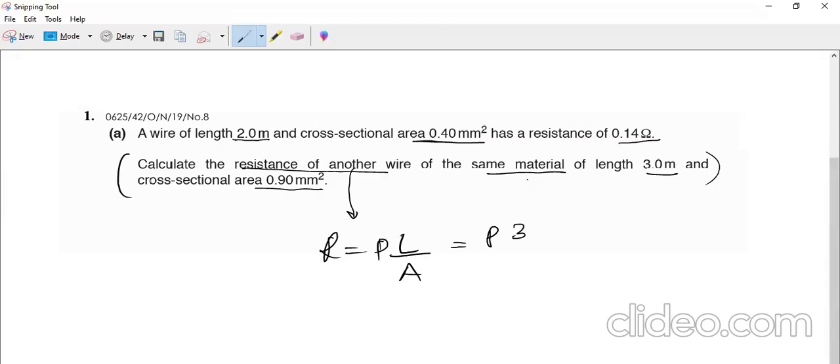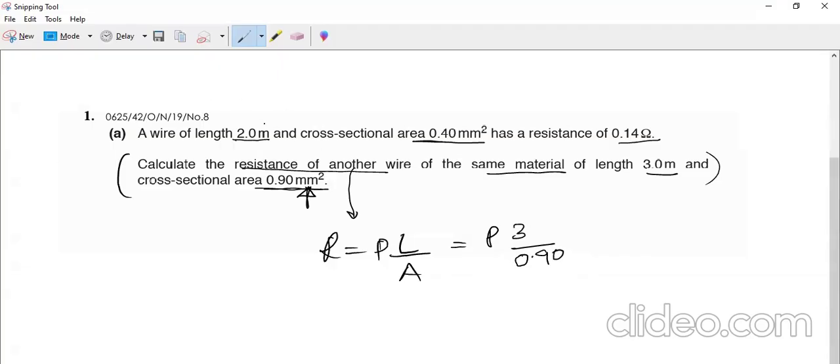And then you will wonder, what should I do with this? Because this is the area. So you will see the units are not right. The units are not right. So then you might convert this into meter square, and that would take a lot of time. Don't do that. I'll tell you why.